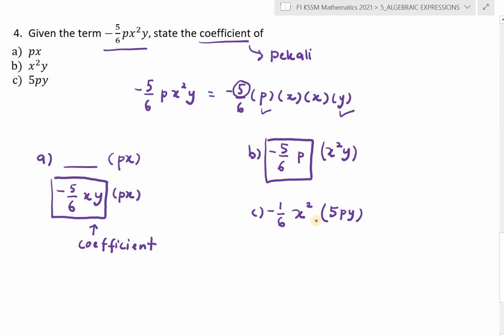Alright, so sebab kalau kita darab balik benda ni, kita akan dapat balik jawapan dia lah negative 5/6 P X square Y. Okay, so ini je lah yang sedikit mencabar untuk soalan C ini. Yang lain tu okay. Alright, so ingat kalau coefficient, kita nak cari siapa yang selain daripada yang soalan minta itu. Itulah coefficient. Alright, so I hope you understand this part.